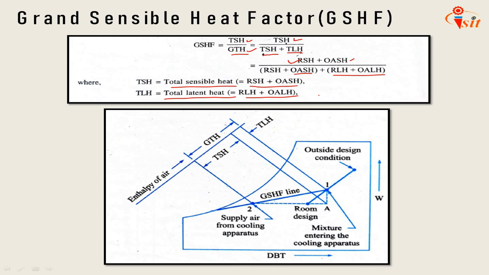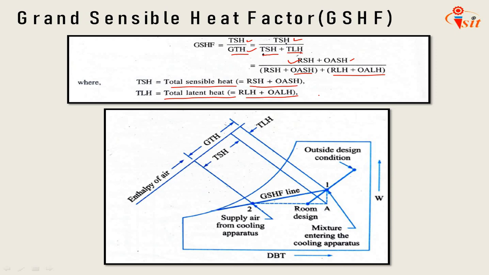Thus these mixture conditions reach the cooling coil or conditioning apparatus, get cooled and dehumidified, and leave the apparatus with reduced temperature and moisture content. The fall in temperature and moisture content is determined by the total sensible heat and latent heat required to be handled by the apparatus.